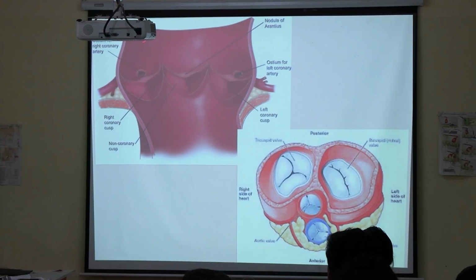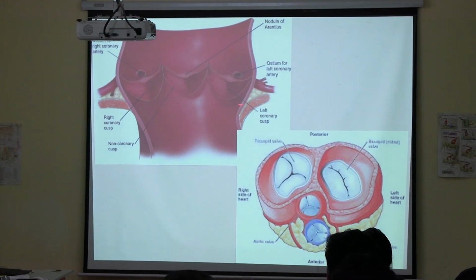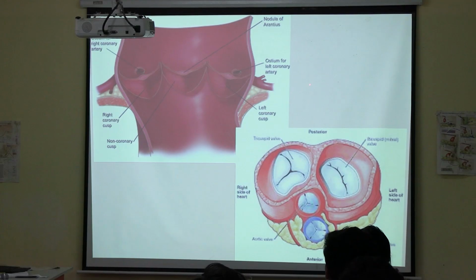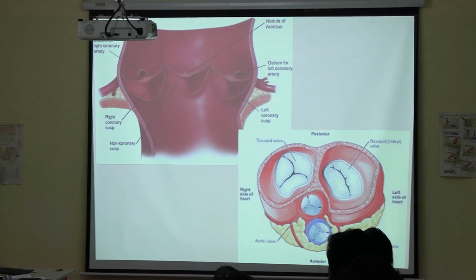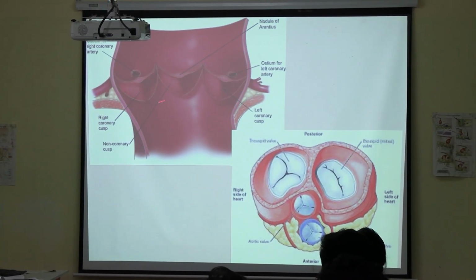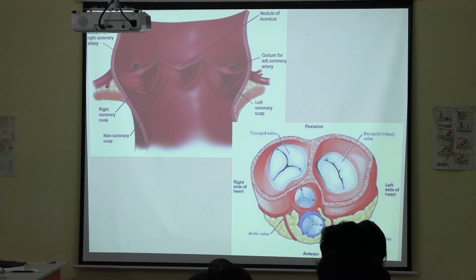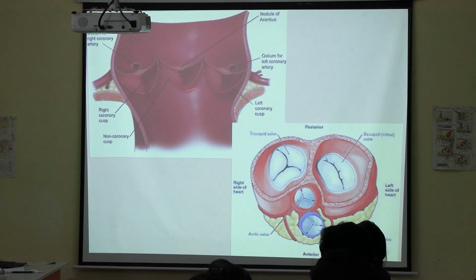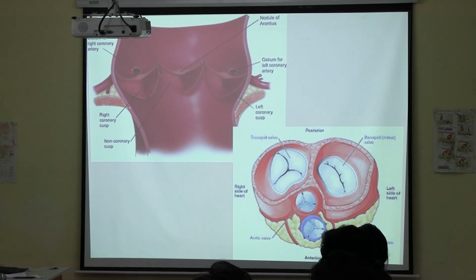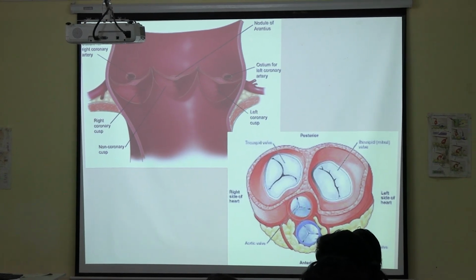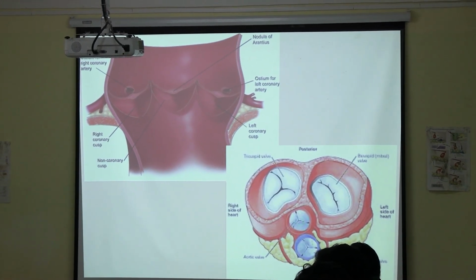Let us see how they originate. This is the root of the aorta, and this is the atrial wall. This is the orifice through which the root of the aorta opens. At the root, there are three semilunar cusps. Why does it look like this?